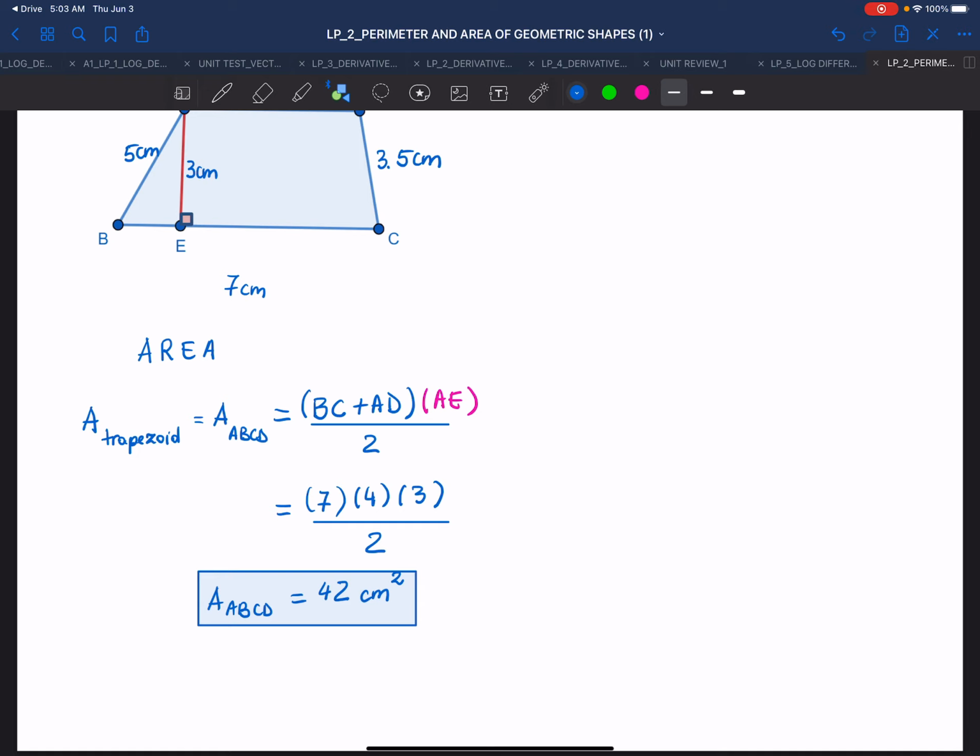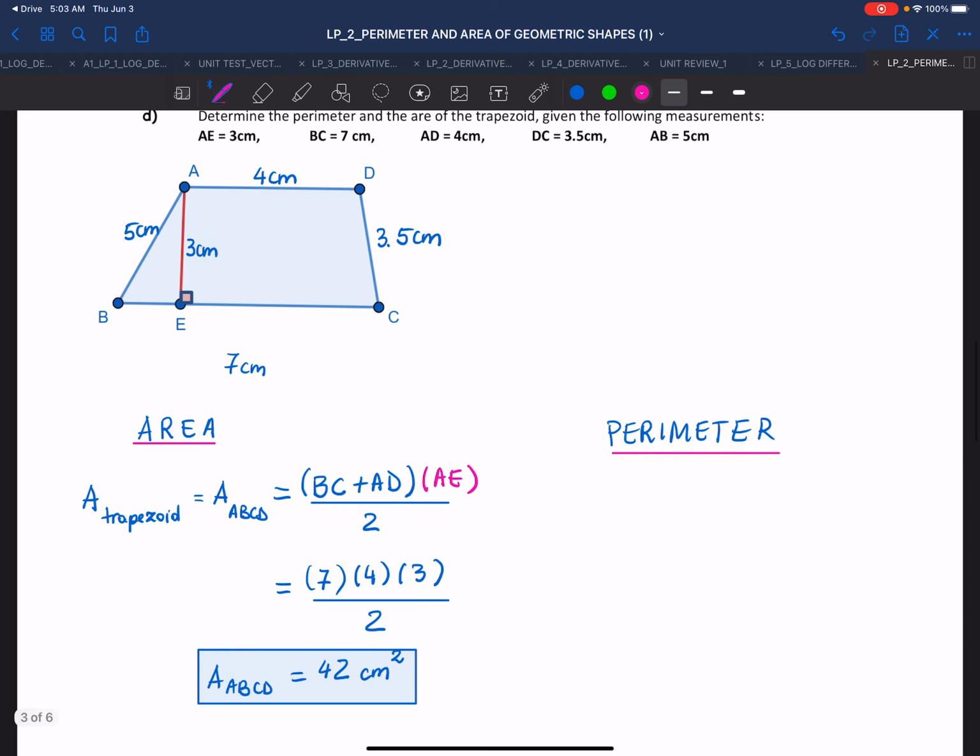Let's move on to the perimeter. So I will say that the perimeter would be equal to the lengths of all the sides. So let's take a look at what sides we have in here. I like to start off by writing a formula always. Obviously, you can just add the numbers, right?